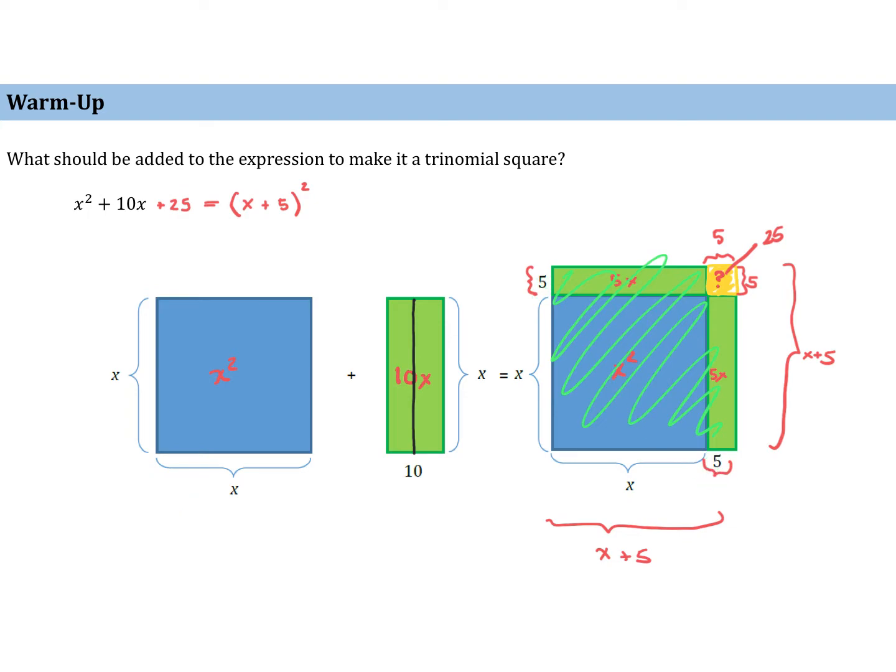So we took 10, divide by 2, and then that is the length and width of this. And so we had to square it to get the area. So 10 divided by 2 is 5. Squared it and gave 25.